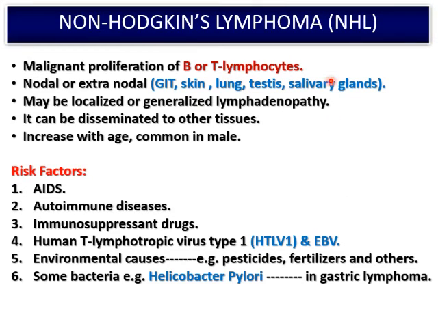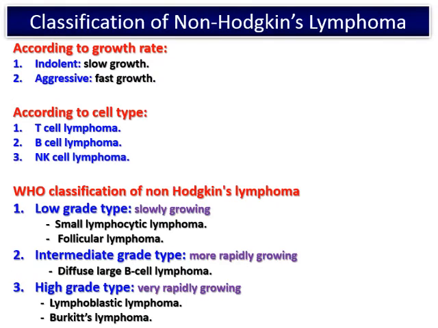Because EB virus can cause malignant tumor or lymphoma, we call this virus oncogenic. So EB virus is one of the oncogenic viruses that has the ability to produce neoplastic or malignant tumor.